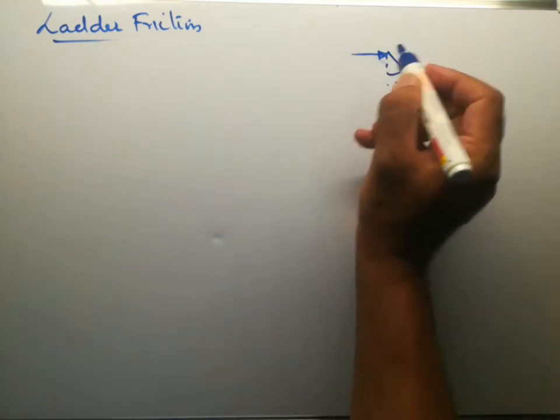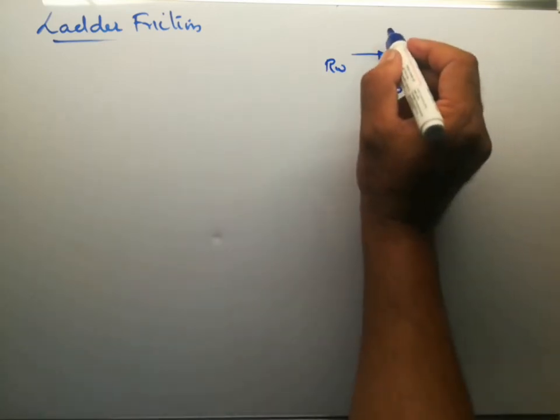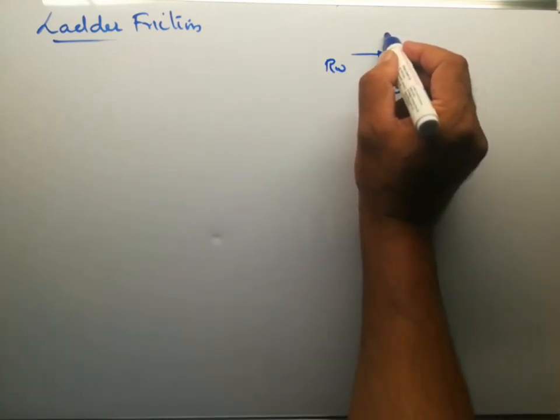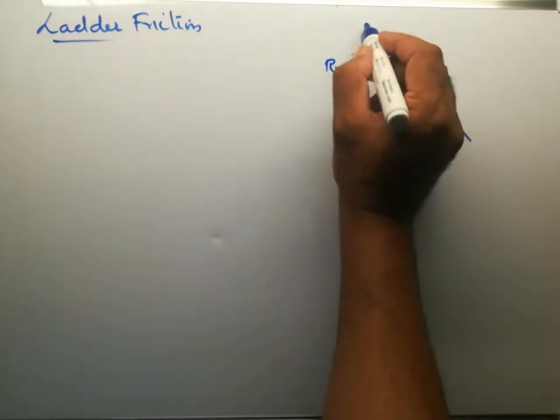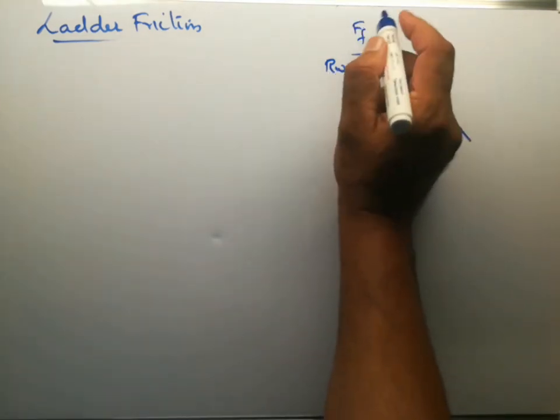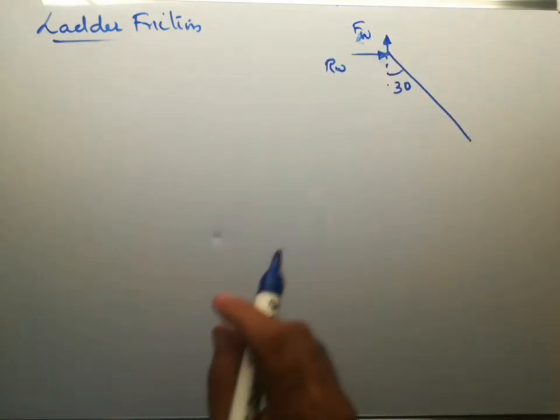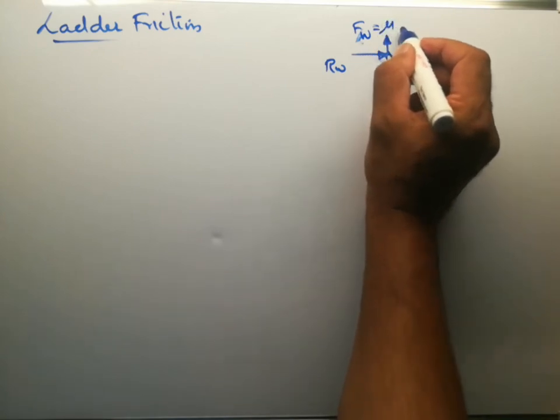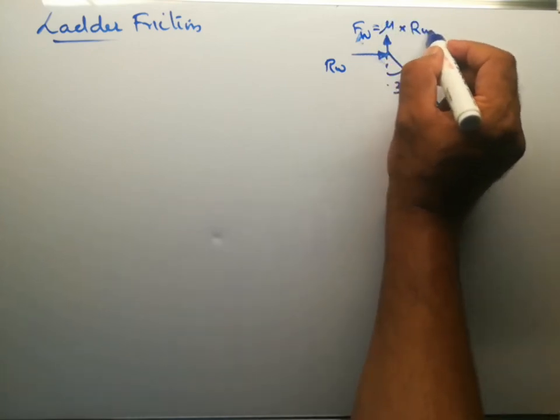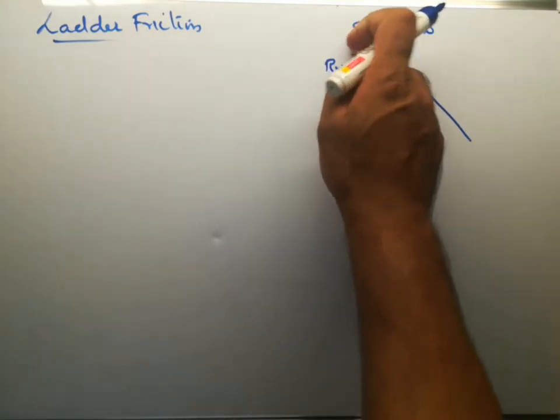And on the wall we have RW, as the wall is not smooth. We have FW, this is equal to mu into RW, because mu is same for all the contact surfaces.